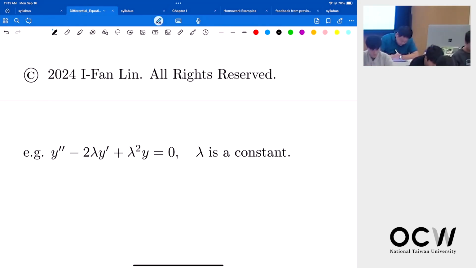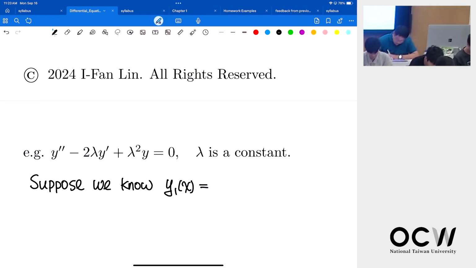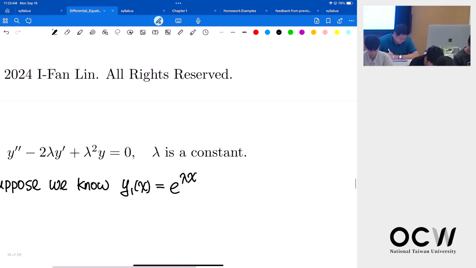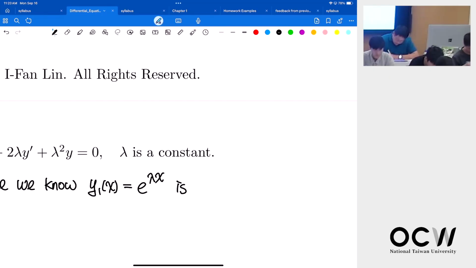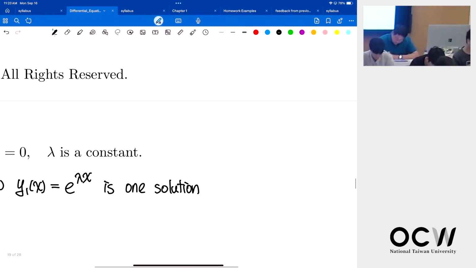So suppose we know y1 is e to the lambda x. That is one solution. Let's find the other solution.